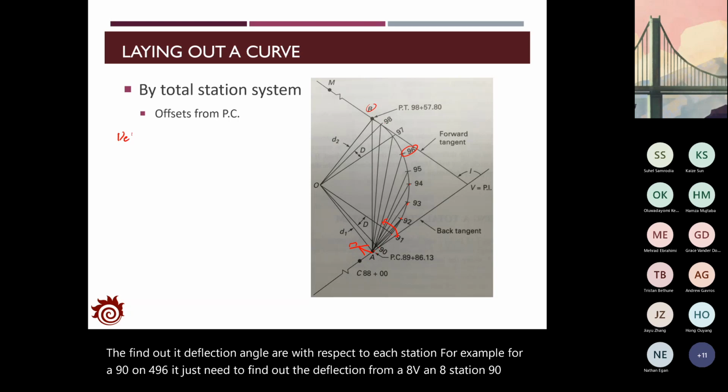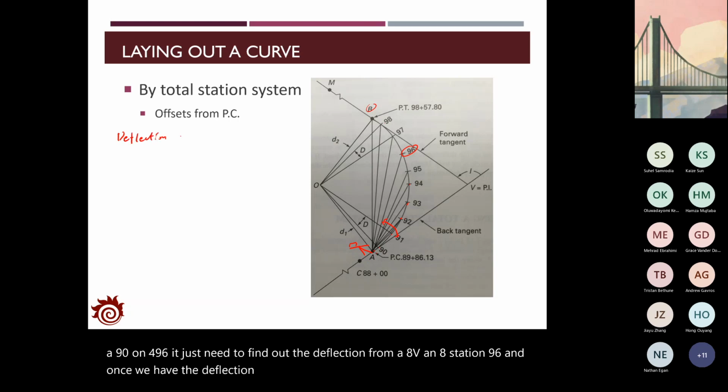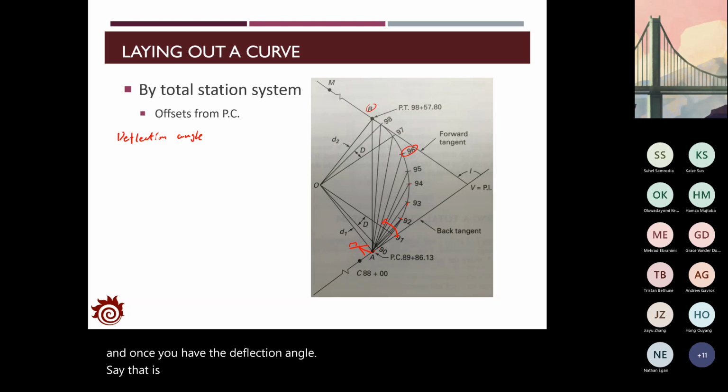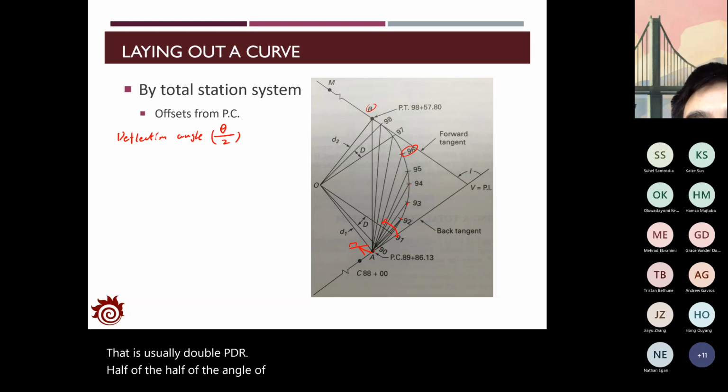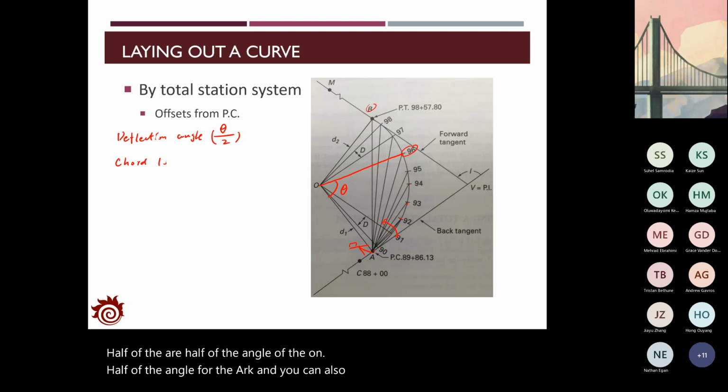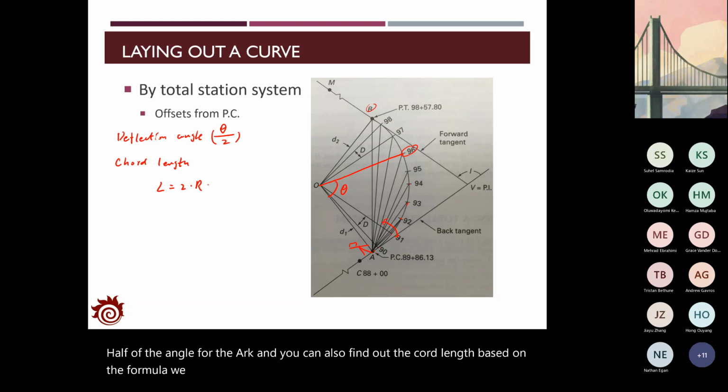And once you have the deflection angle, that will usually be half of the angle for the arc, and you can also find out the chord length based on the formula we provide. L equal to 2 times R times sine of the deflection angle.